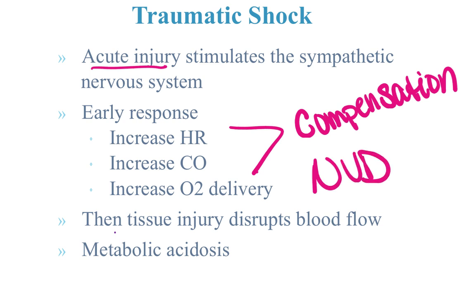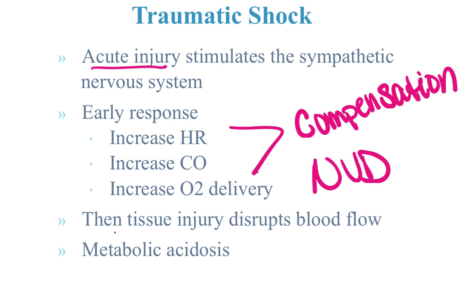So what's happening is the tissue is interrupting blood flow, right? We have actual hemorrhaging leaving the vasculature, so this is going to be absolute. And then if we have like a crush injury, we can have hypovolemia because our capillaries and our vessels become more permeable. So we're losing fluid and blood volume that way.